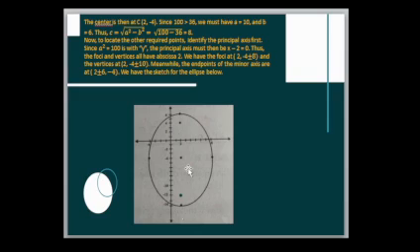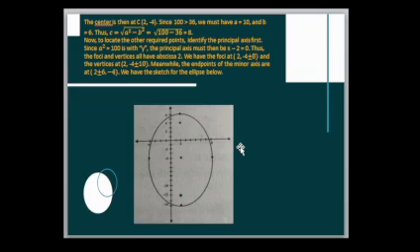2 and 6. So this one. And we have negative 4 minus 10 is negative 14. So these are the vertices. And the endpoints of the minor axis, we have 2 plus and minus the b.